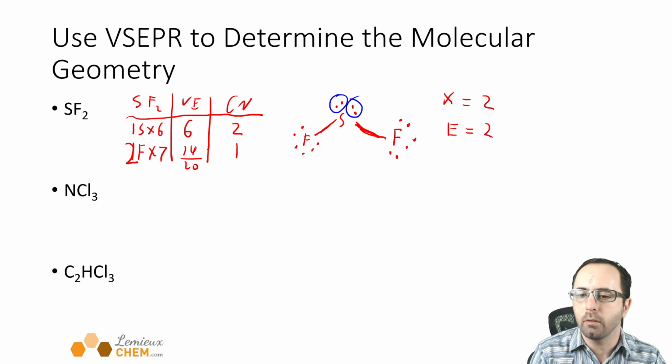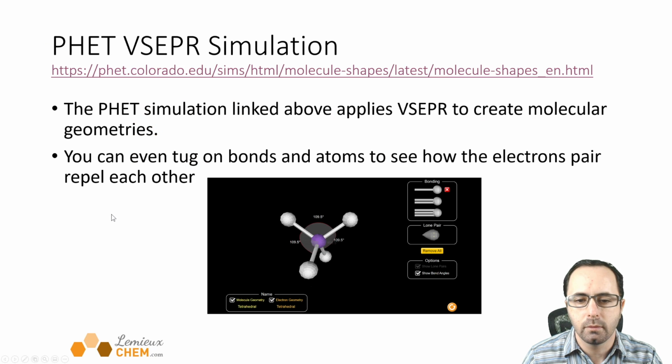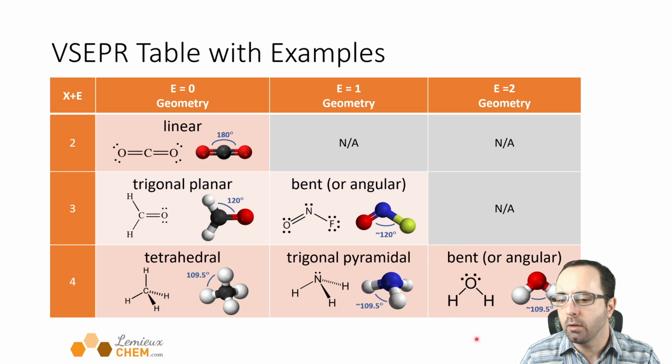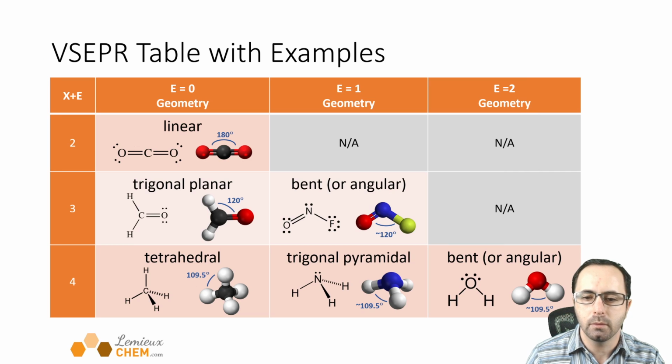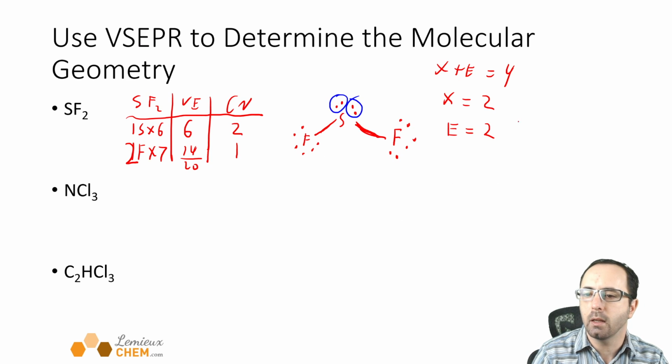And it has 2 lone pairs, so E is 2. So X plus E equals 4, and E equals 2. So when X plus E is 4, and E is 2, that is a bent or angular shape. So we'll say bent.